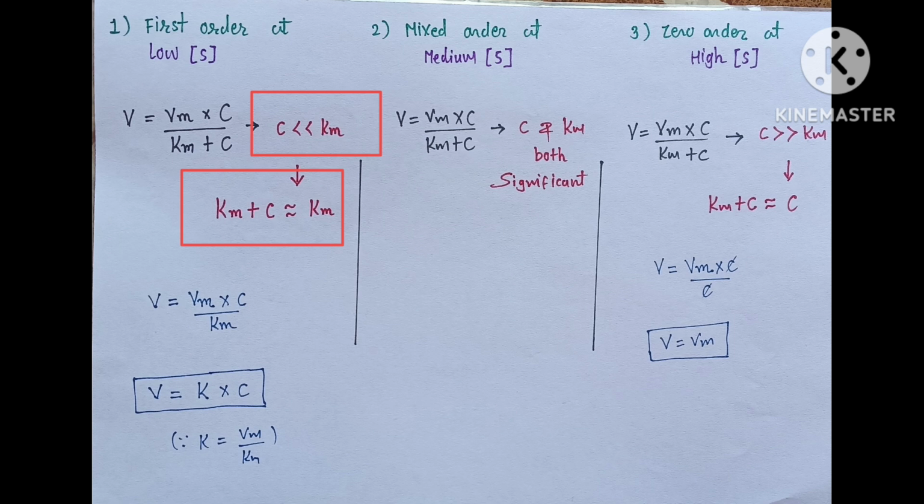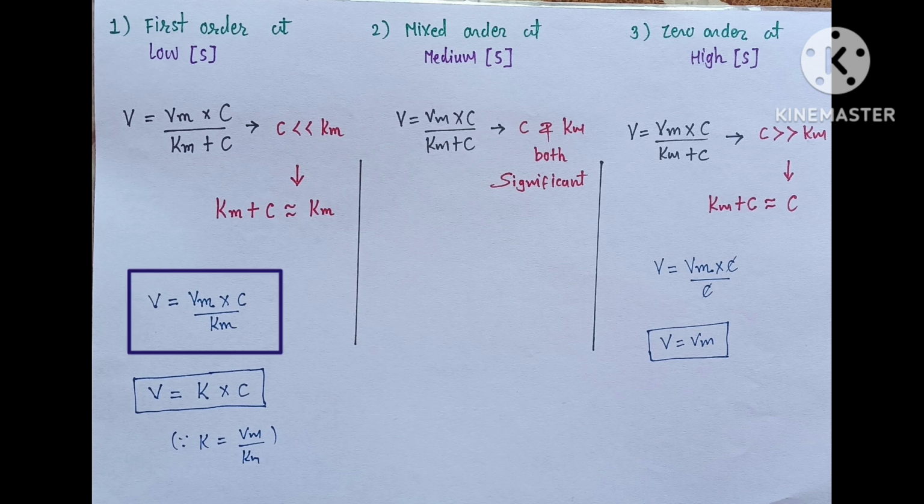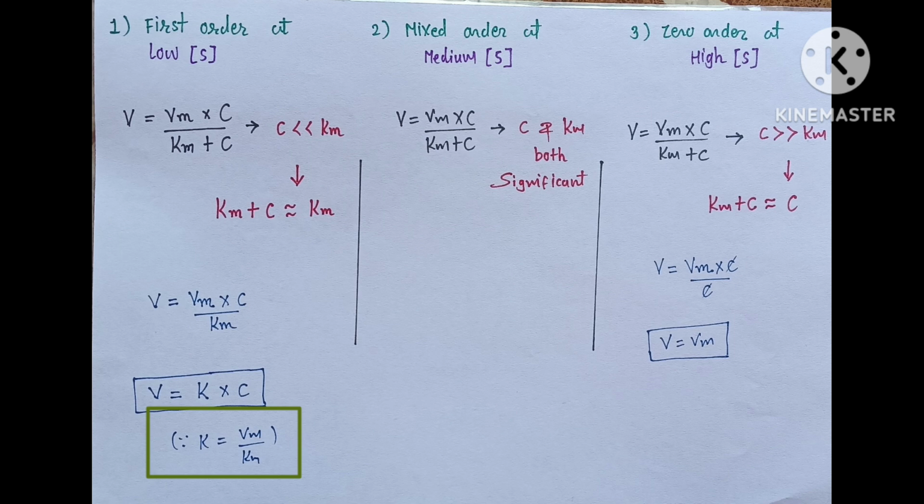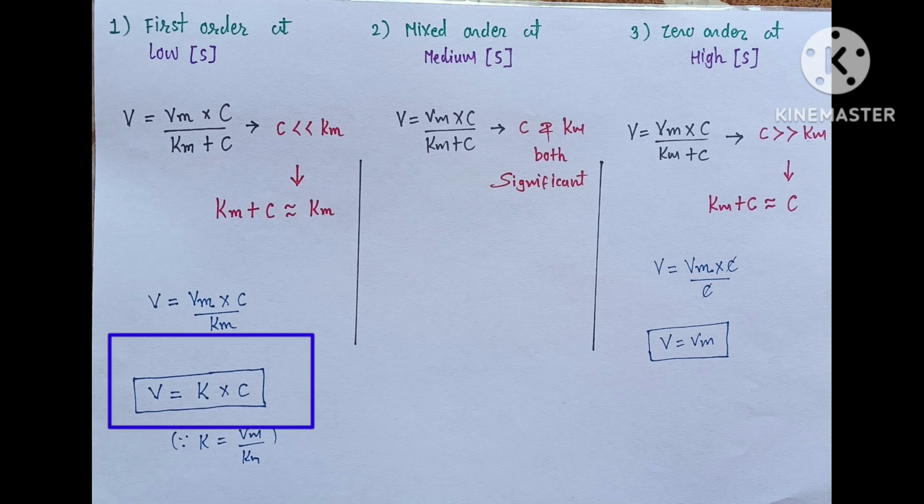So Km plus C is considered as Km, because the concentration is low and negligible. We put this value in the equation: V is equal to Vm into C divided by Km. And here Vm divided by Km is defined as K. So V is equal to K into C.